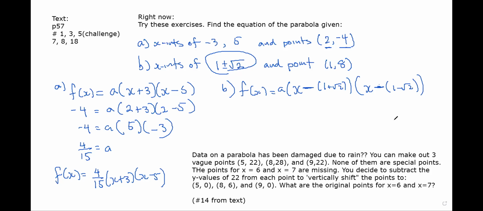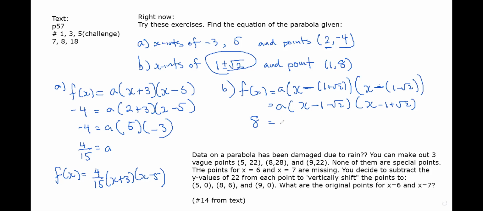So let me simplify it, because right now it's a little shaky. It would be x minus 1 minus root 2, and this would be x minus 1 plus root 2. I know I gave you roots as x-intercepts, but if you do the quadratic formula, sometimes your roots are in radical form. Don't be scared by that. You're still working with the same process.